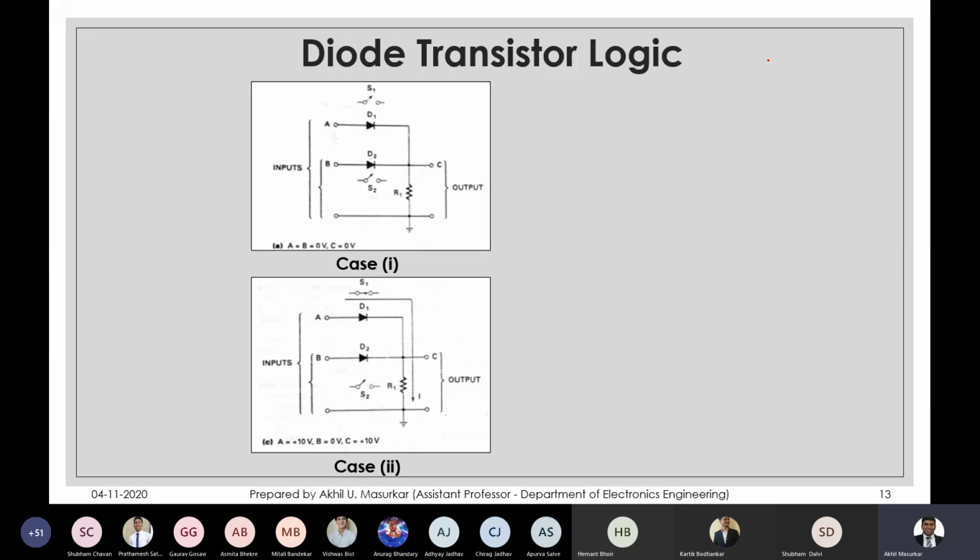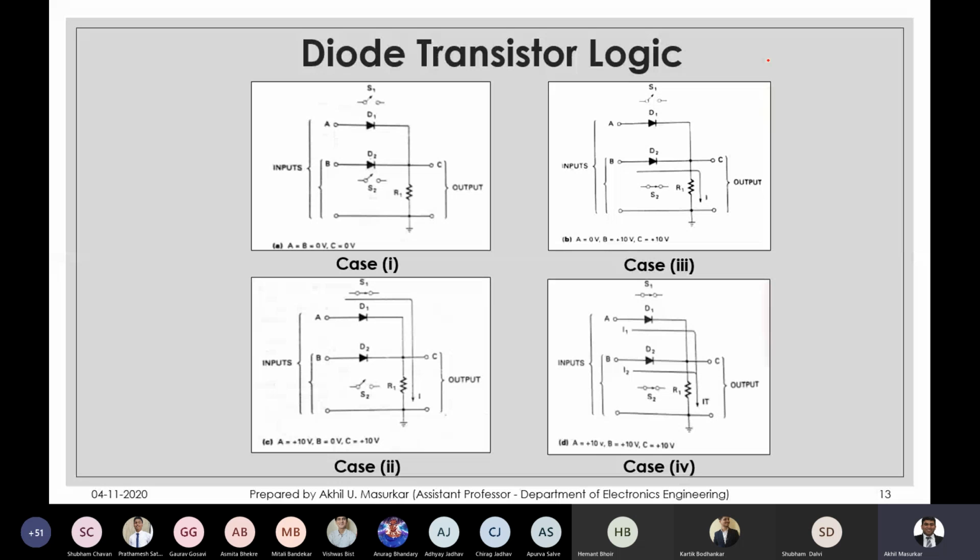Now, this is the basic of the OR. So please draw these cases for the OR gate as we drew for the AND gate. What is very peculiar is when the switch is open, that means the diode is reverse biased.